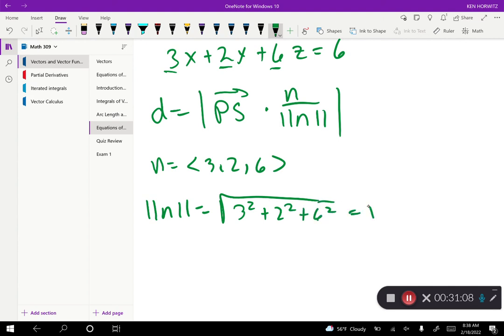And that equals the square root of 49, which equals 7. So I have the first two pieces. Now I want you to pause the video for just a second, and I want you to think about how to get that initial point P, because we need to get our vector PS.